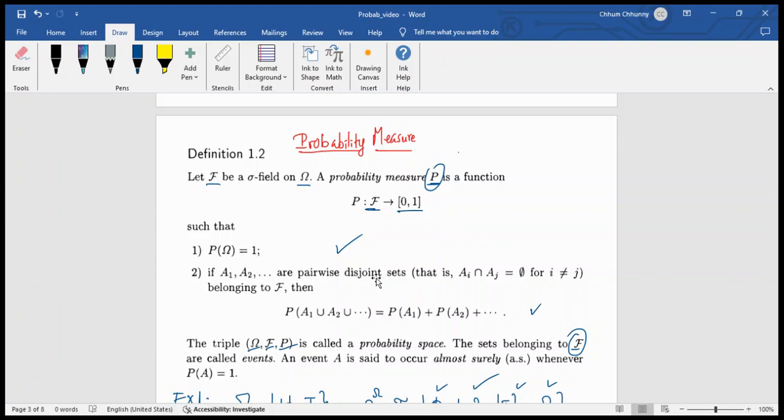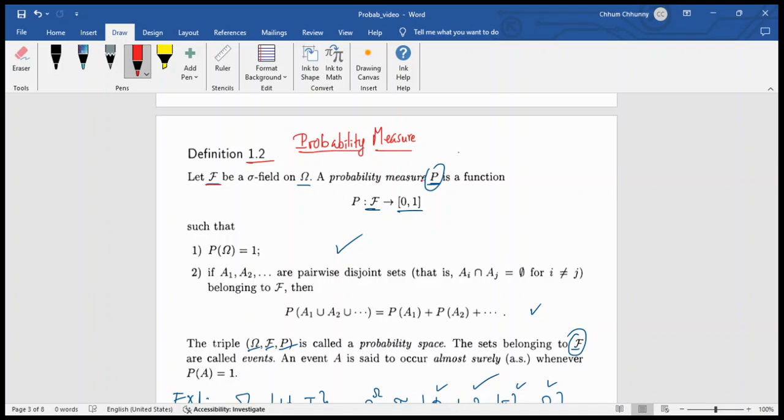In the first video, I already talked about the sigma algebra, the sigma field on omega. So the second definition, Definition 1.2: let F be a sigma field on omega. It means that we start from a sigma field on the sample set omega.